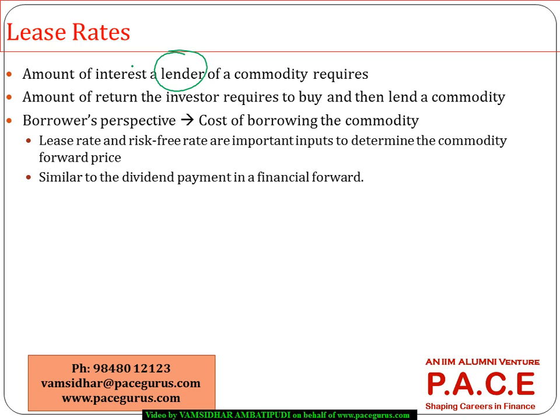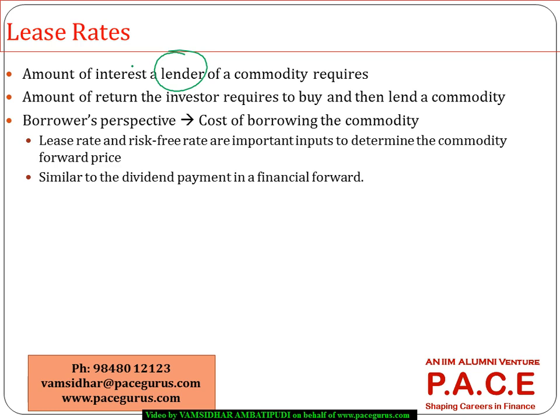That's what we are calling a lease rate. Without me selling and getting rid of the gold, the ownership is still with me. I'm renting the gold, you are in turn selling, but during the process you are giving me some rate of return on top of it. That is what we are calling the lease rate.